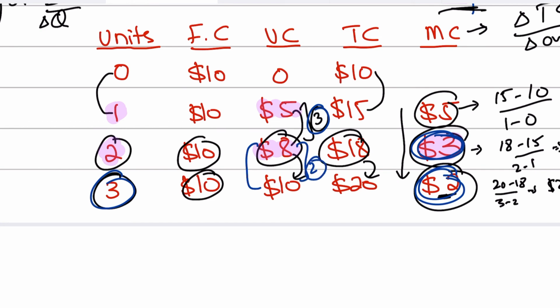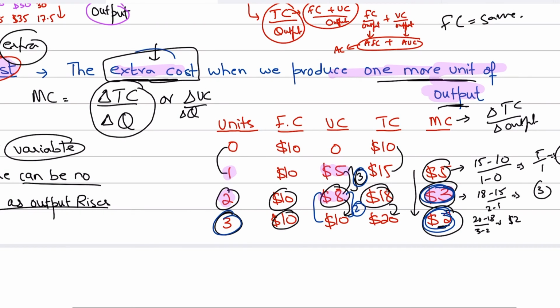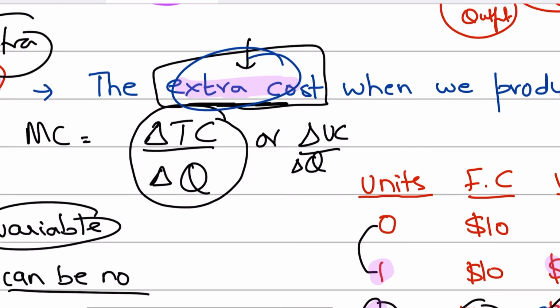So that is why we say that marginal cost is the extra cost that the business is incurring when you're producing another unit of output. So the extra cost would be the variable cost, right? It would be the extra variable cost, basically. That is why we say that the formula could also be written as change in variable cost over change in quantity.